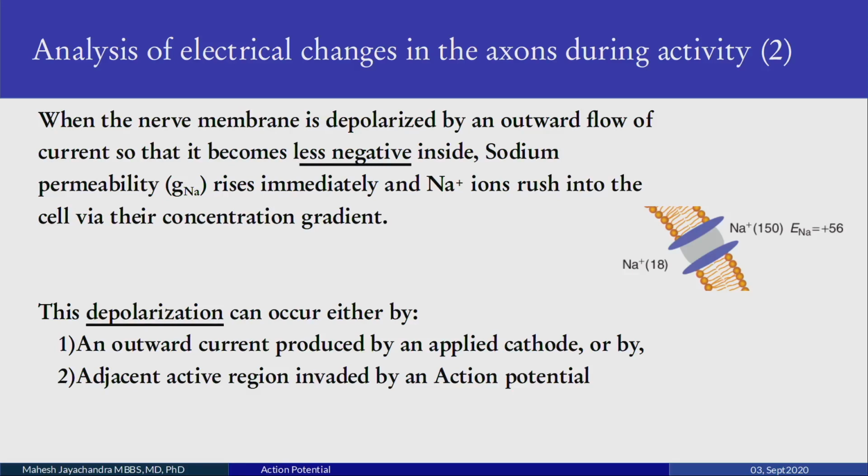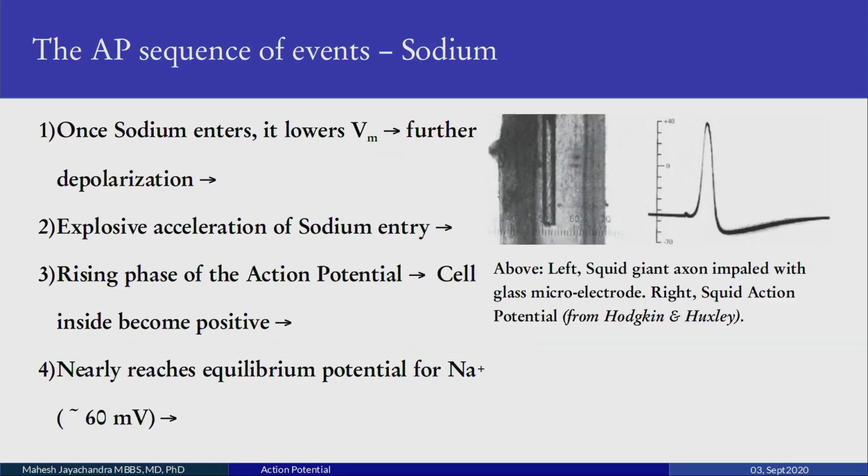So how does this occur? How does it depolarize? It can occur in two ways. You can cause an outward current by applying a cathode, or the adjacent segment has an action potential, and that action potential invades this segment and causes depolarization. Once sodium enters, it lowers the membrane potential and causes further depolarization.